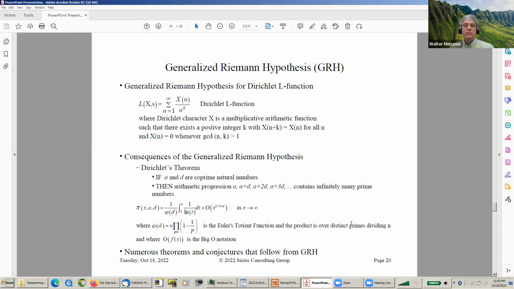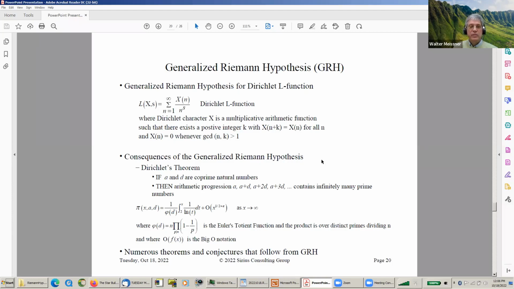So we have the generalized Riemann hypothesis, and instead of zeta of S, we now have L of X and S, where X is called the Dirichlet character, which is a multiplicative arithmetic function. So the argument is actually a function now, replacing the numerator, which used to be 1, by a function of X. And I'm not really going to go into this very much here.